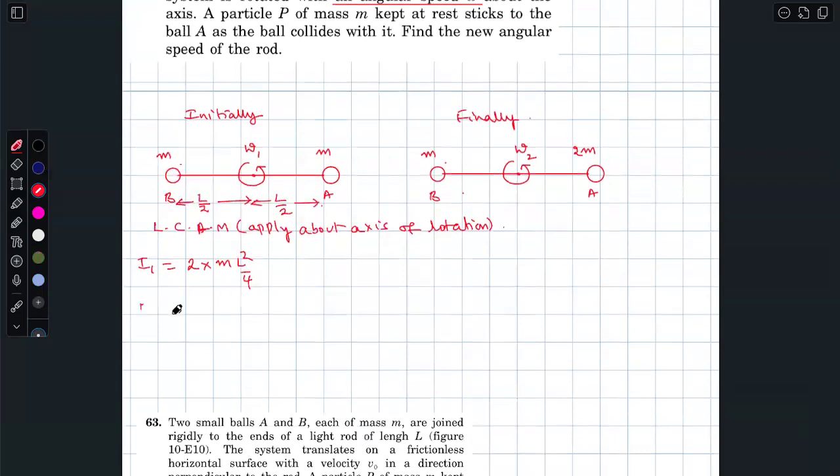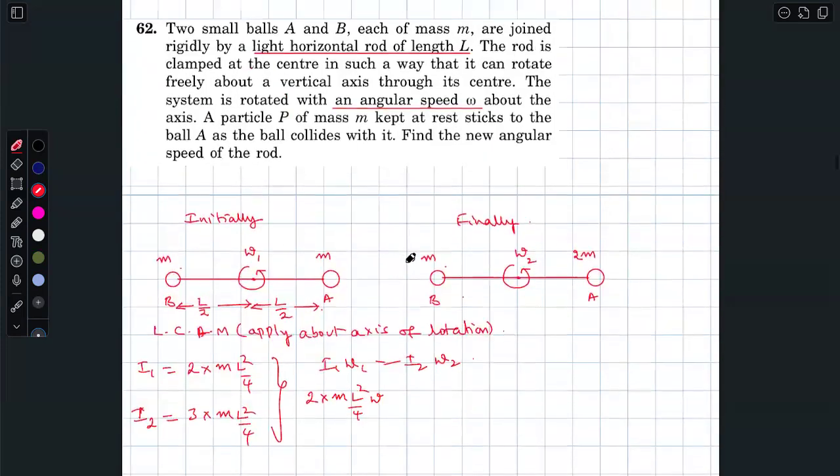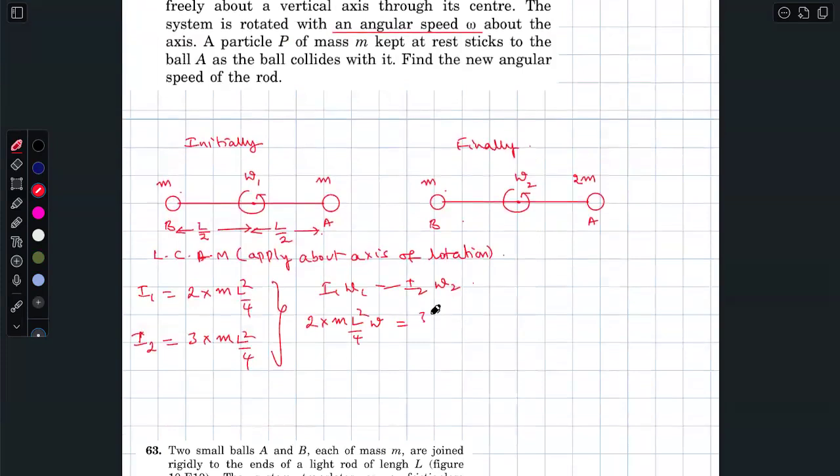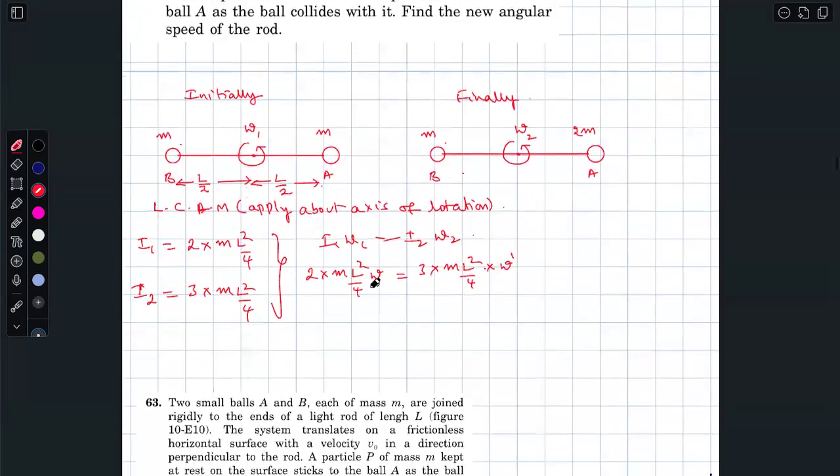What about I2? I2 is 3 times ml square by 4. So I1 omega 1 is equal to I2 omega 2. 2 times ml square by 4 omega is equal to 3 times ml square by 4 omega dash.